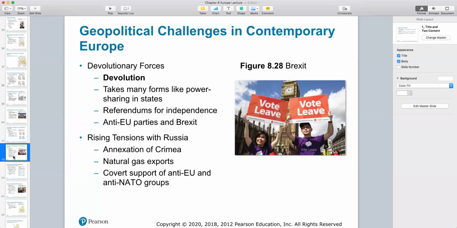Additionally, with Brexit, the British voted to leave the European Union. It was a tumultuous separation, but they have left, and they are still struggling with their independence from the European Union and getting their footing.